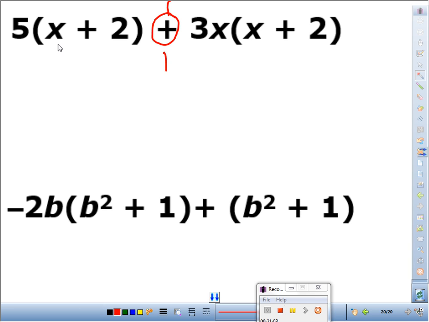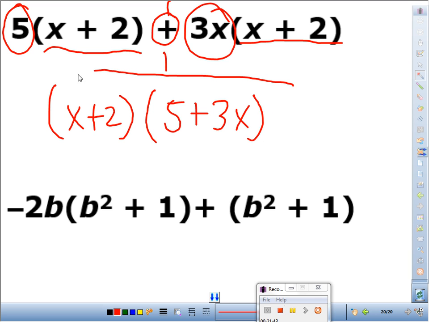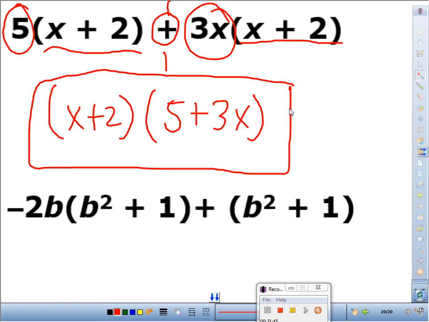If we have factors, then what factors do these two have in common? What is our greatest common factor? Who sees that it's x plus 2? X plus 2 is our greatest common factor. What's left on this side? 5, and then you put the plus. What's left on this side? 3x. Those are my factors. Copy that.